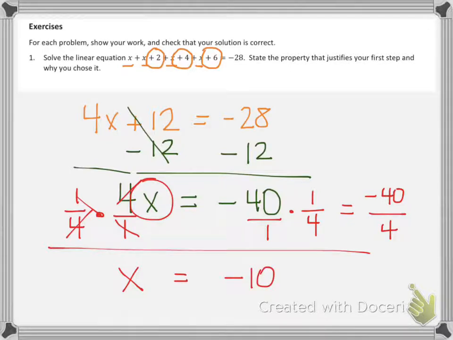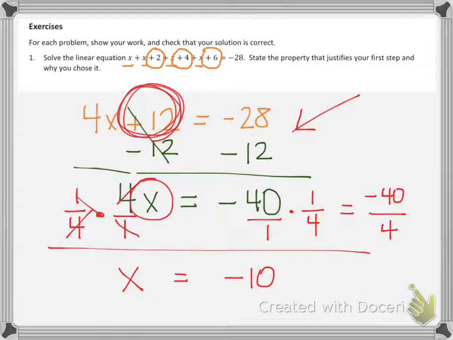You might be thinking, now that's a lot more complicated and more work when I could just divide by 4. But if you learn it this way, when we get fractions, you won't have to learn a different way. So that's why I'm showing you that way. All right, what properties did we use? Well, here we used the equality property of subtraction. And we did that to undo the addition that was happening right here.